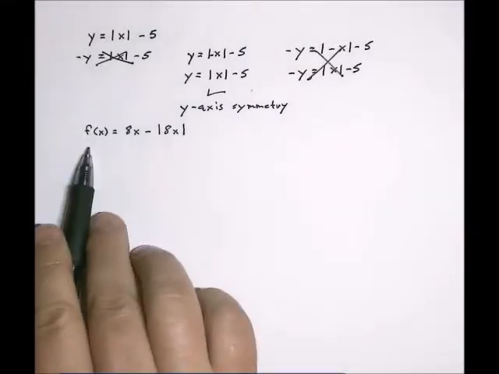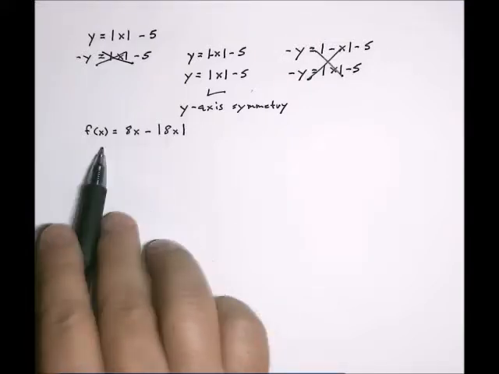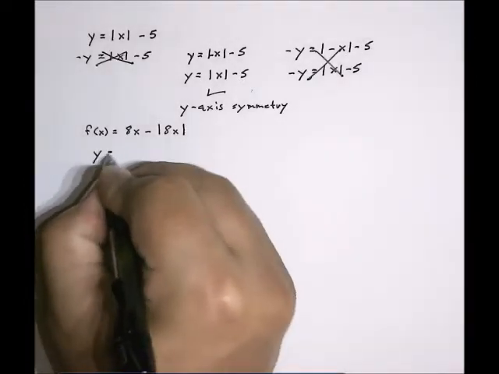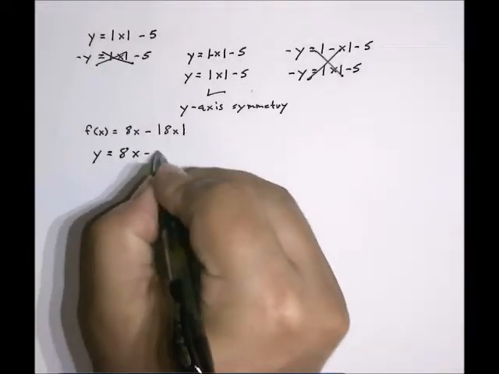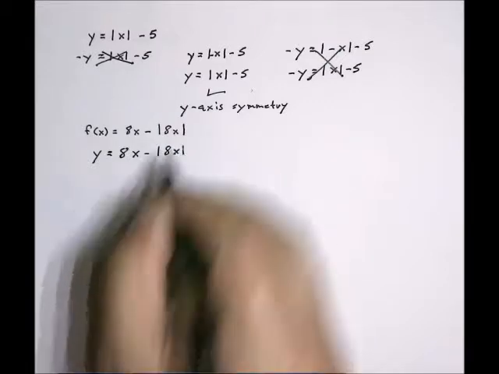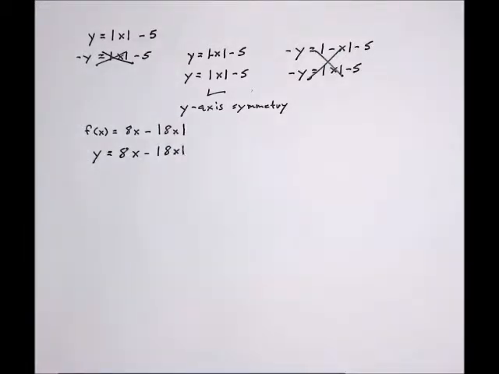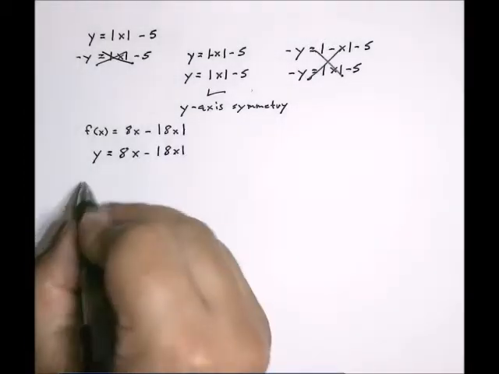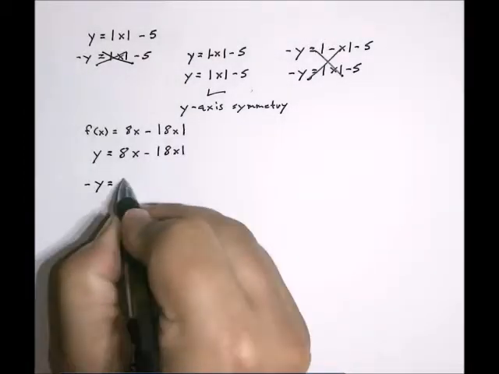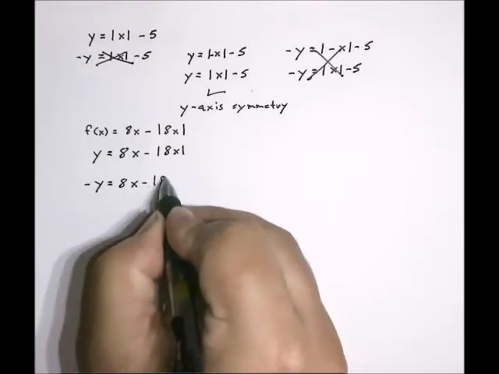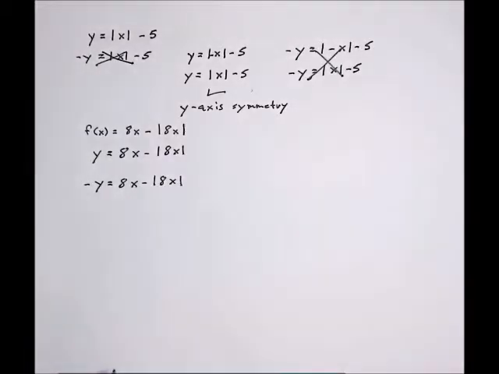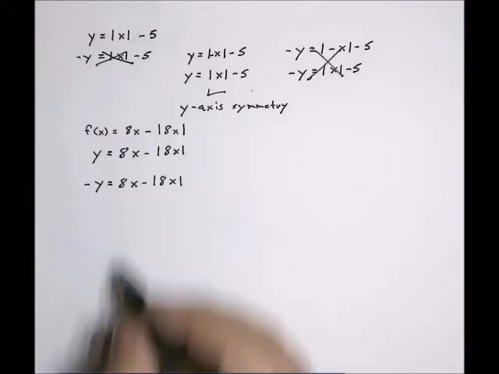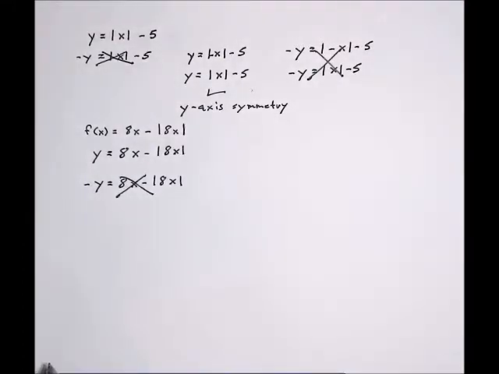Now let's try the same thing for f of x equals 8x minus the absolute value of 8x. The first thing you might want to do when you see something like this is just to replace that f of x with a y. And now let's test. Let's test for x-axis symmetry first. And it's pretty obvious we do not get the same equation out, so no x-axis symmetry.